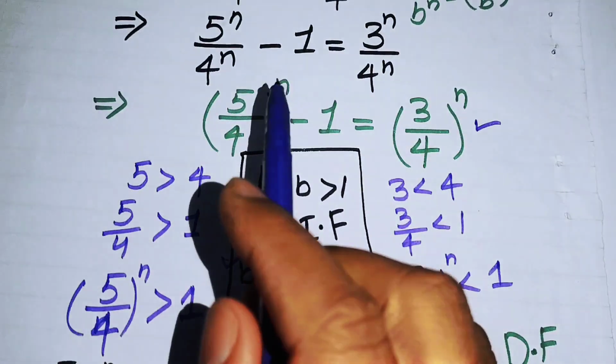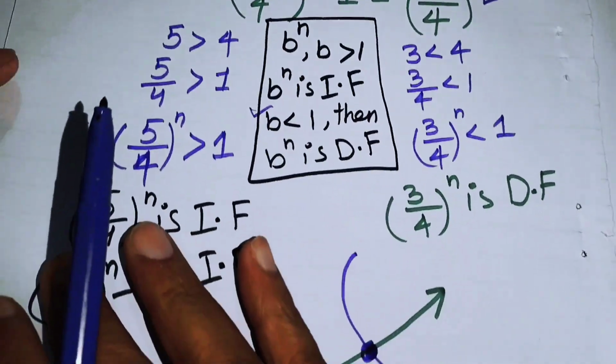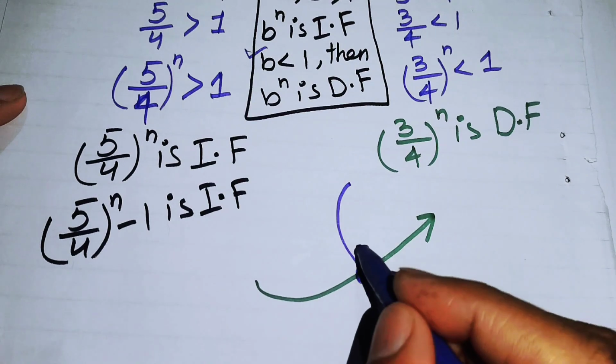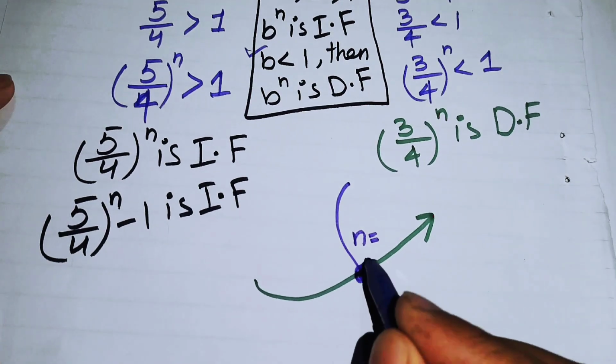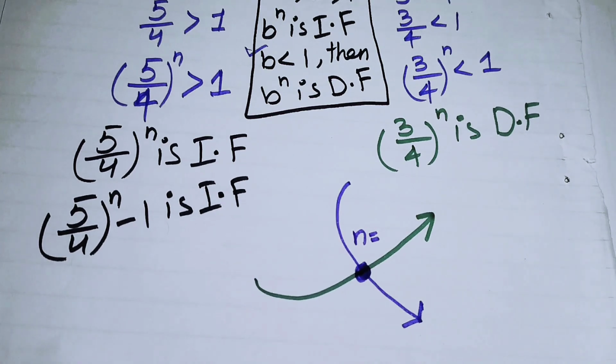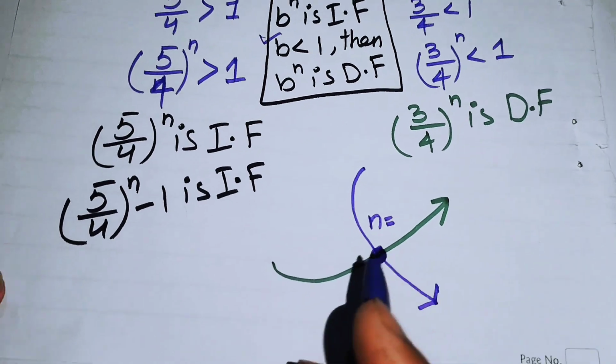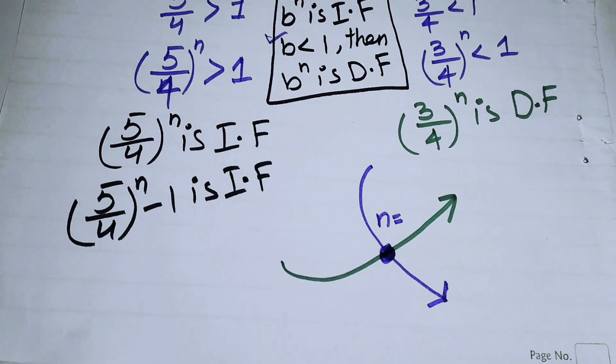So here the variable is n, so we just find this point, or we just find the value of n here. Okay, so now we find this point of intersection. In order to find the point of intersection, we need to take this value of n by assumption.